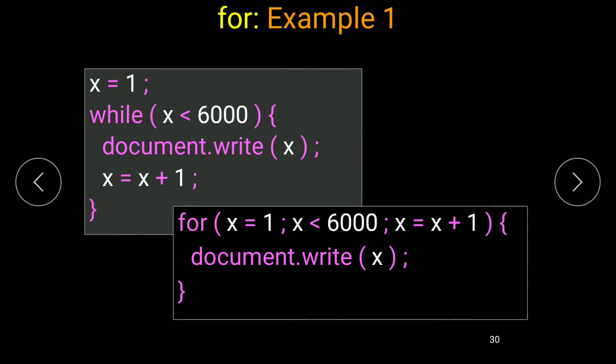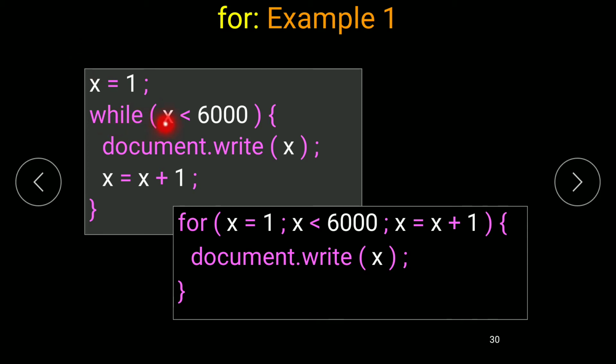What the while loop is, we will see afterwards, but here in the first line I write x equal to 1, right? It's called the initialization. In initialization we just assign one value to the variable. Here I am assigning one value to the x variable.